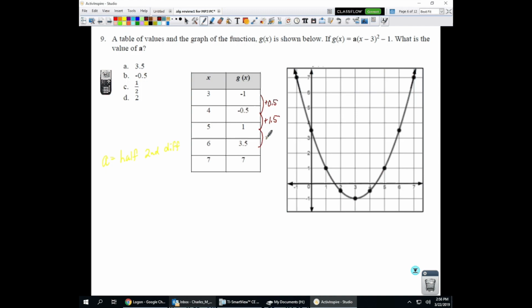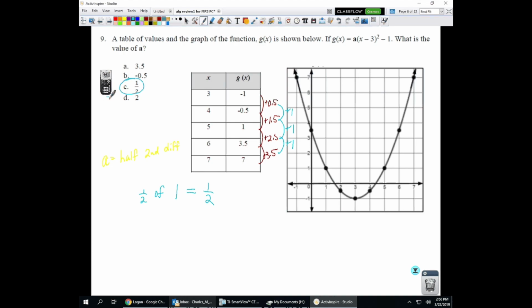Next one goes up 2.5. Next one goes up 3.5. So my second differences would be up 1, up 1, up 1. Half of that second difference, half of 1, is 1/2. So that is a second method to find your A value.